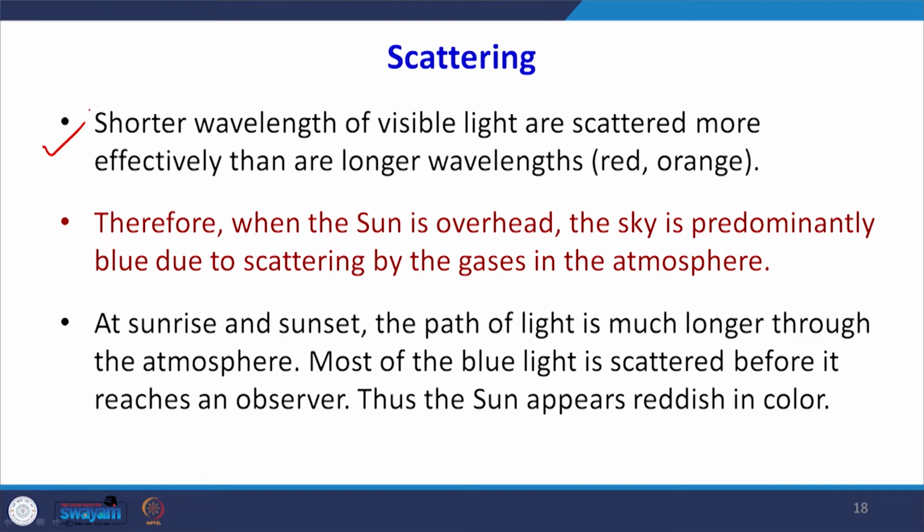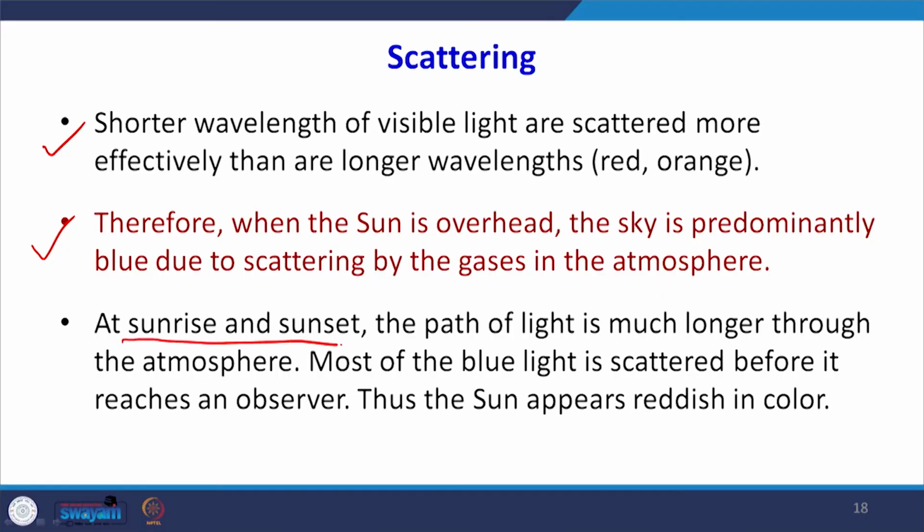We can see orange and red color when the sun is at a distance. It is not overhead, it is travelling a longer distance. When it is overhead, it is travelling the shortest distance. So we can see the blue color of the sky when the distance is less, and when the distance is more, then the longer wavelengths, red and orange, are scattering more.